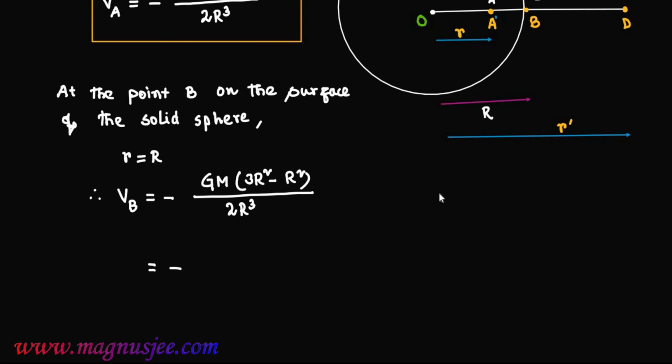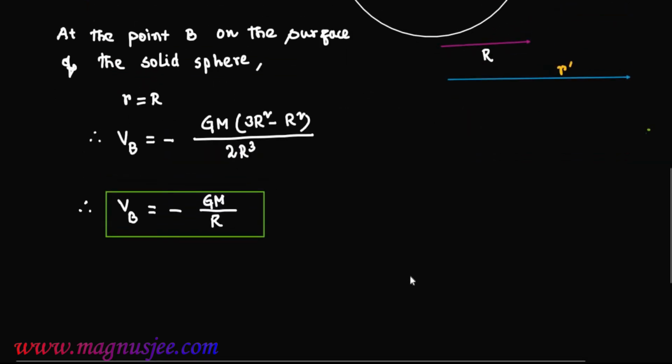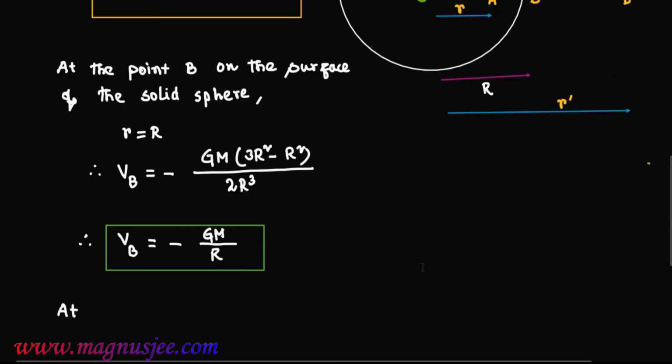Therefore VB equals minus GM by capital R, where capital R is the radius of the solid sphere. This is the gravitational potential at the point B on the surface of the solid sphere.